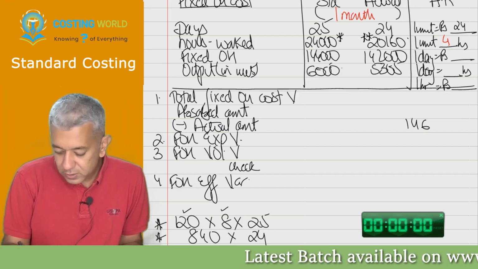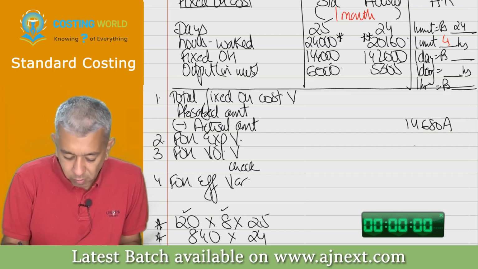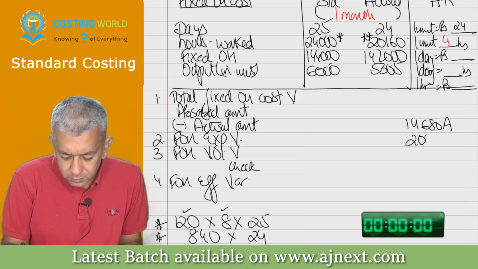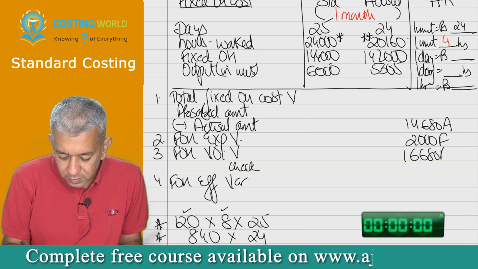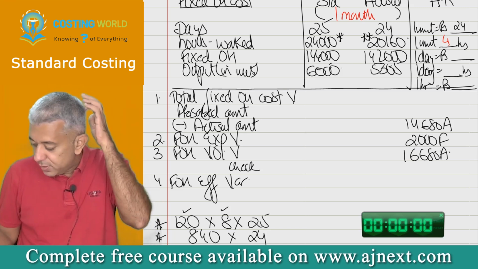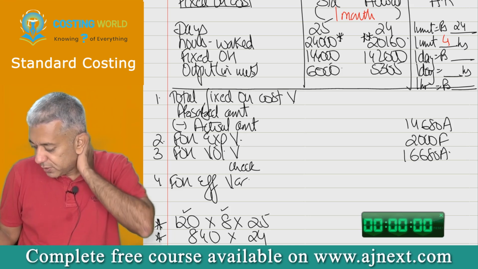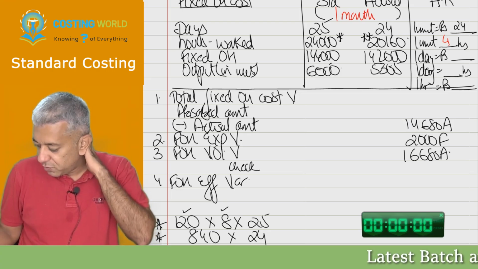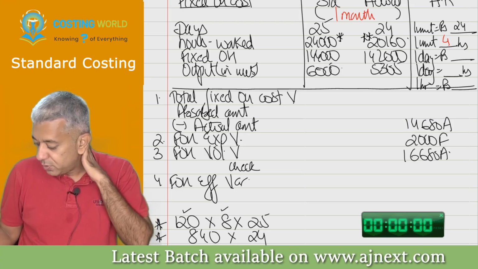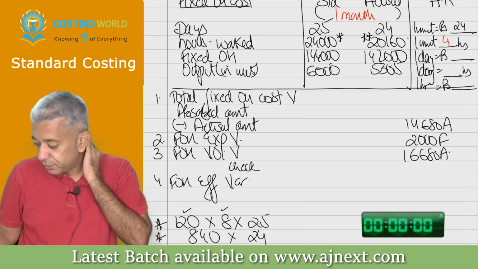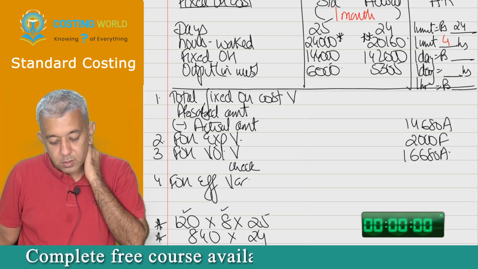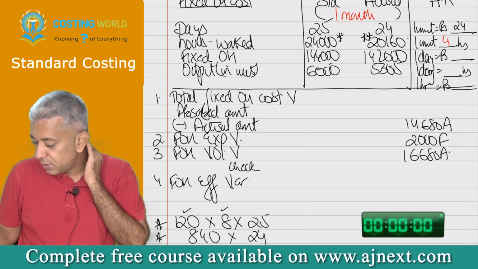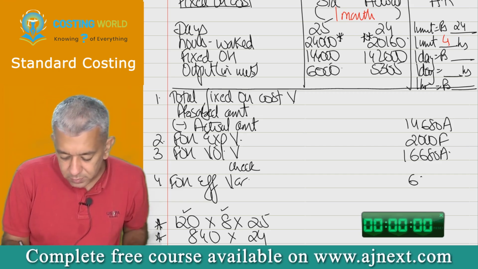This is 14,680 adverse, correct? 2,000 favorable, 16,680 adverse, and just a sec, 5305 into 4 minus 20,160 into 6,360, no?